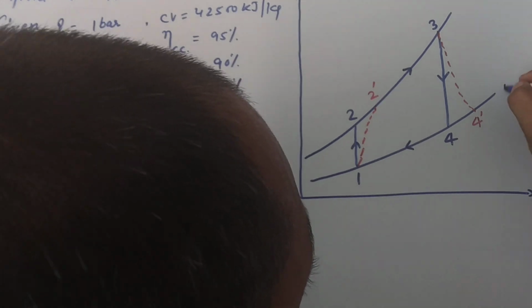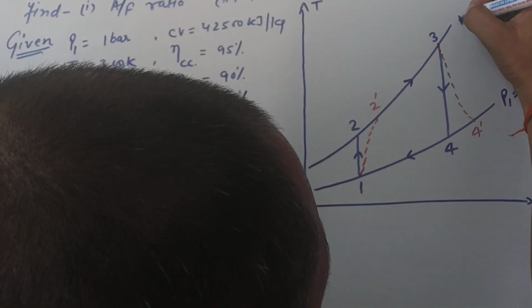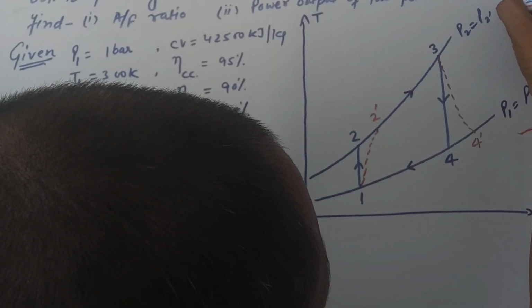This is P1 equal to P4, and this is P2 equal to P2 dash equal to P3.